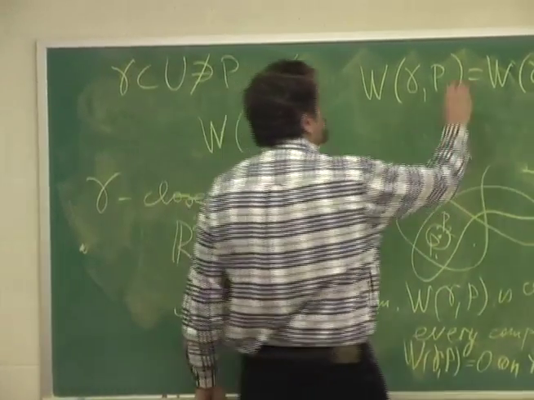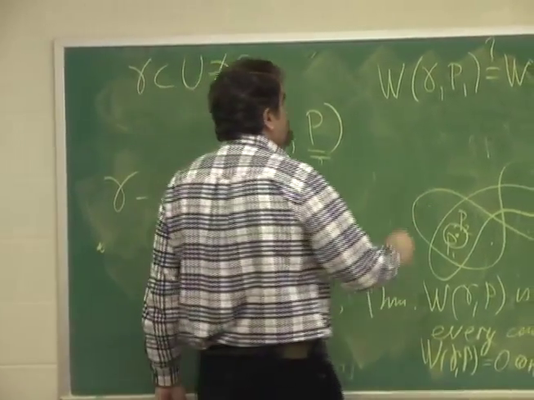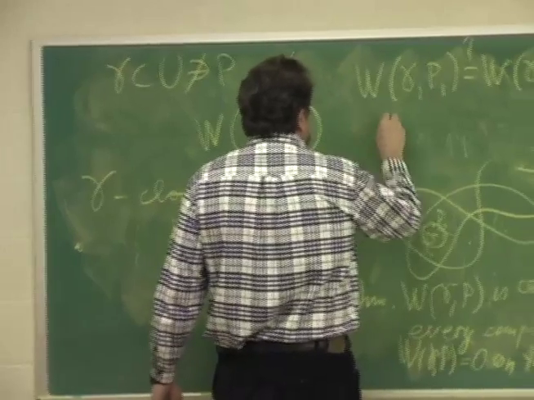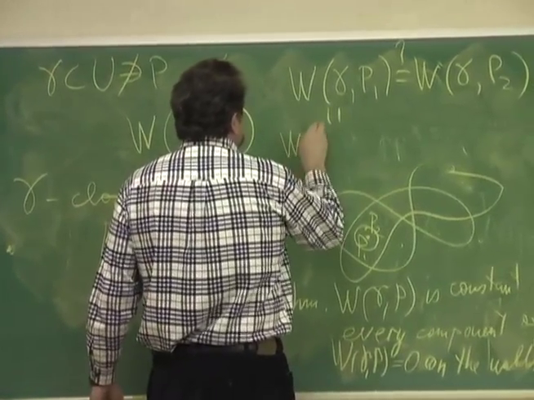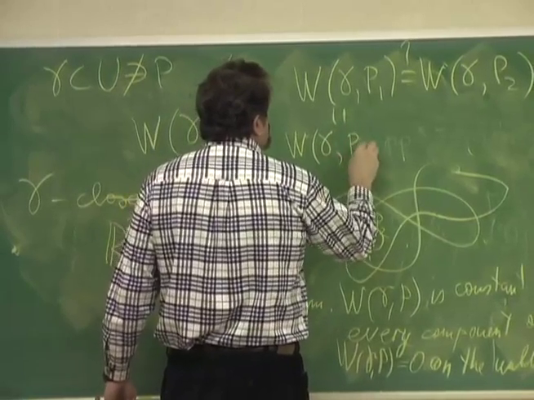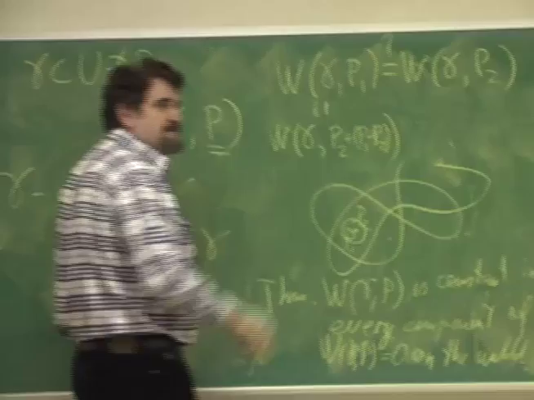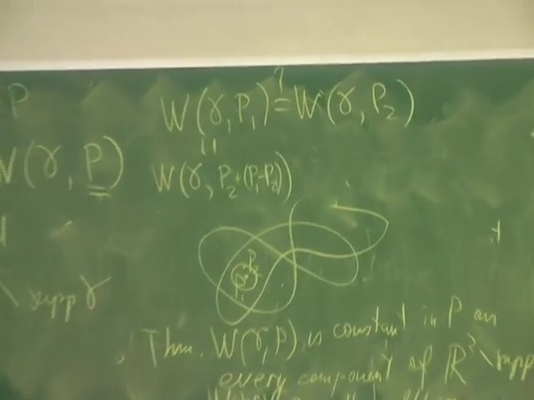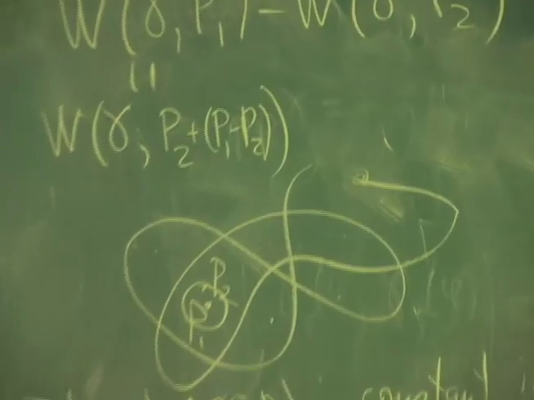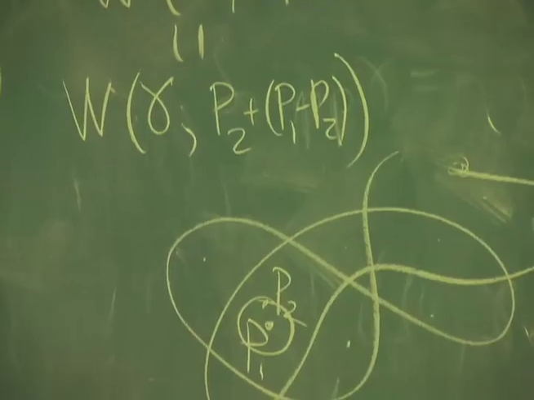It is what I need to prove. And it is easy because I can write that this is the same as gamma with respect to P2 plus P1 minus P2.